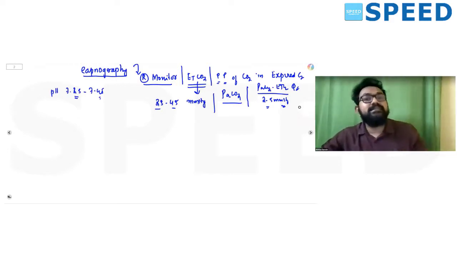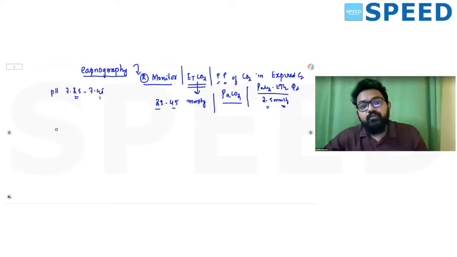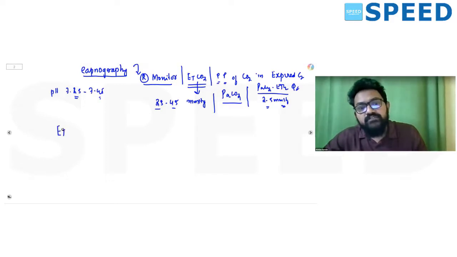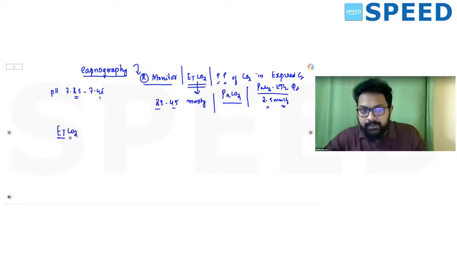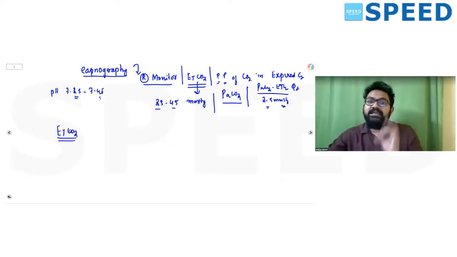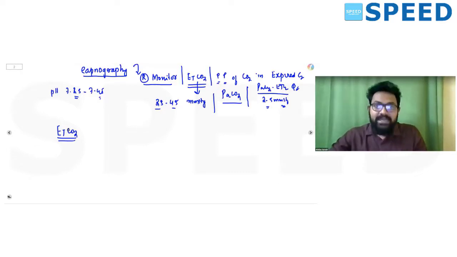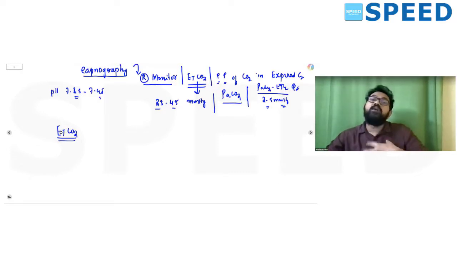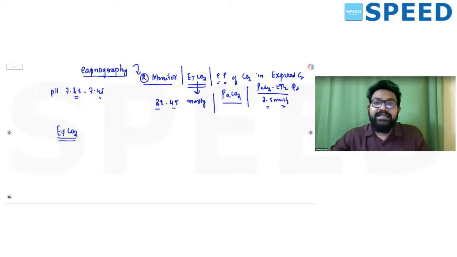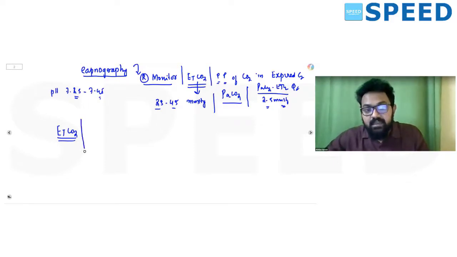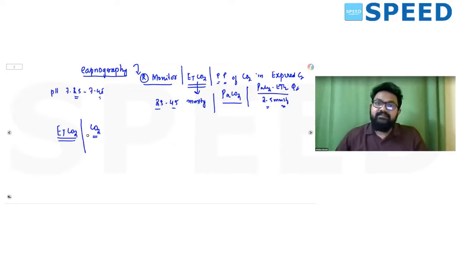Now, what are the other things that you should understand? First and foremost, why do you think it is important for you to measure end-tidal carbon dioxide? Or what is the relevance of carbon dioxide inside your body? First, remember carbon dioxide transport.